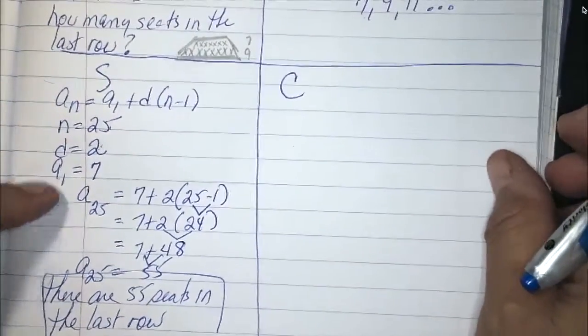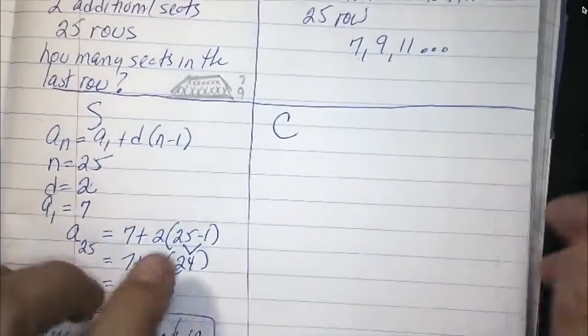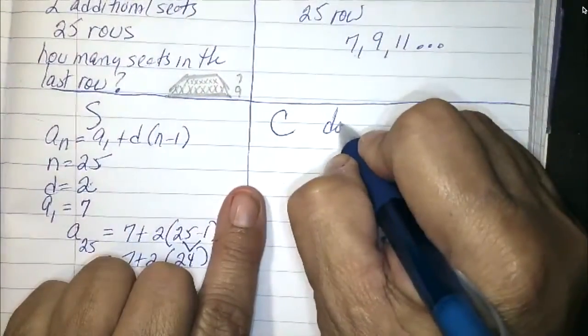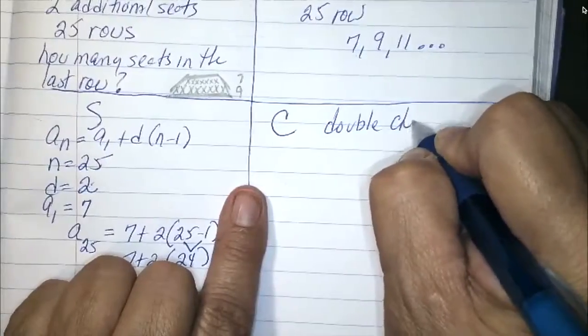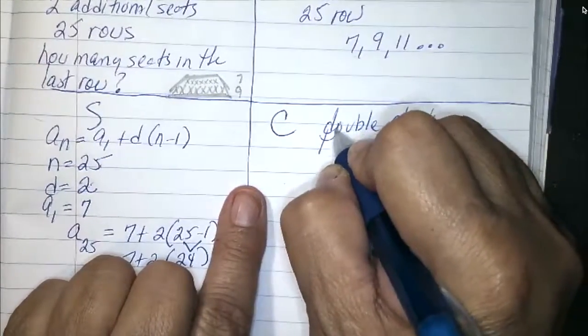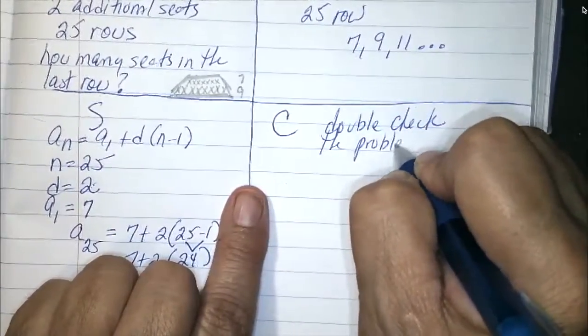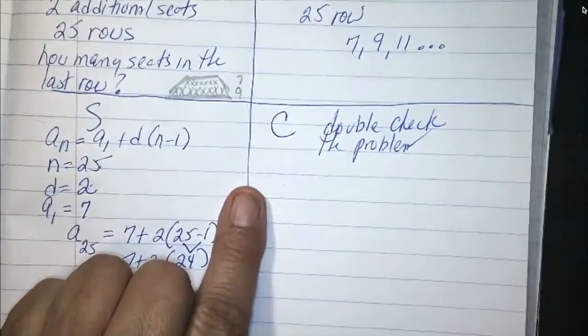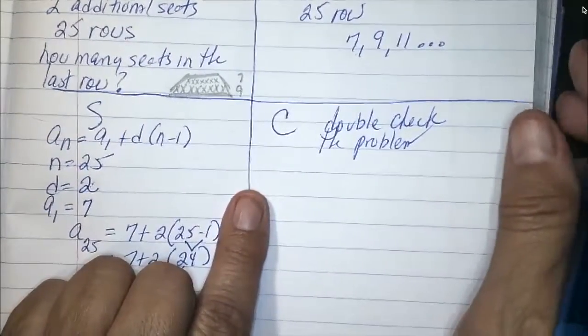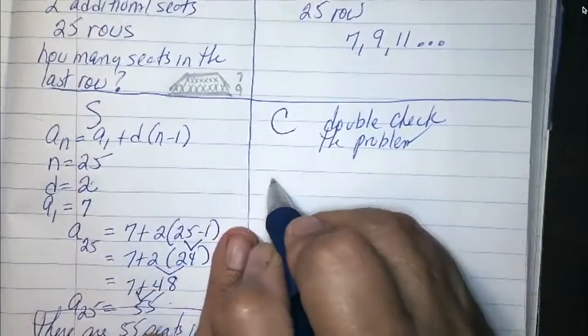Now to check my work, I can't think of another way of doing this, so I may want to just double check the problem. Maybe I would work it out again. It's kind of crazy, but let's just go for it.